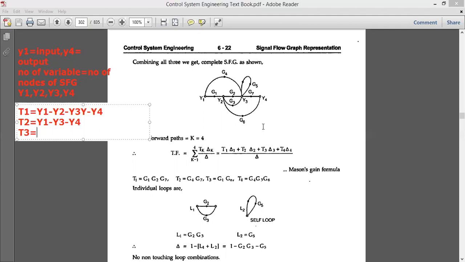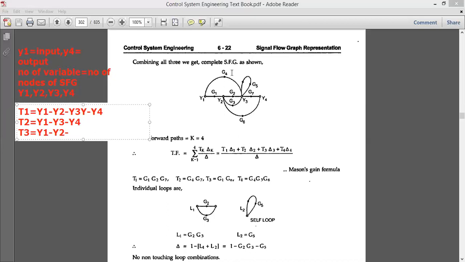The another forward path we may have here starts at y1. Carefully check the forward path that we have at point number y1. Then from y1 to y2.